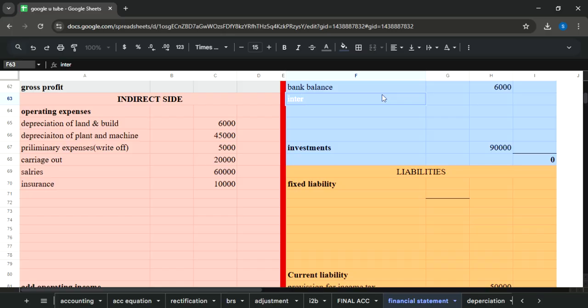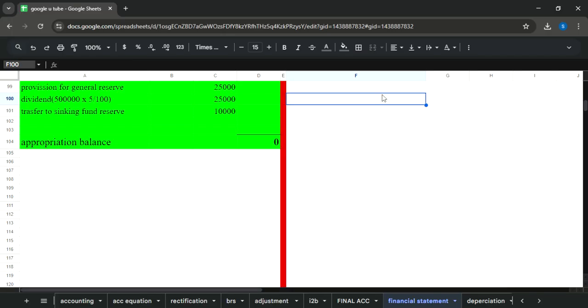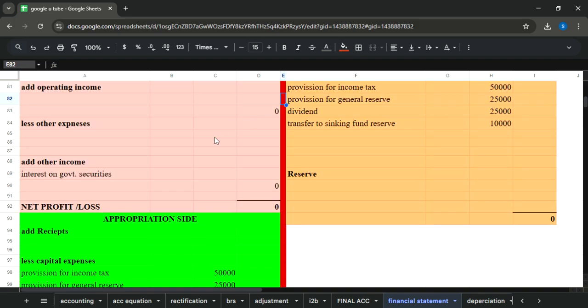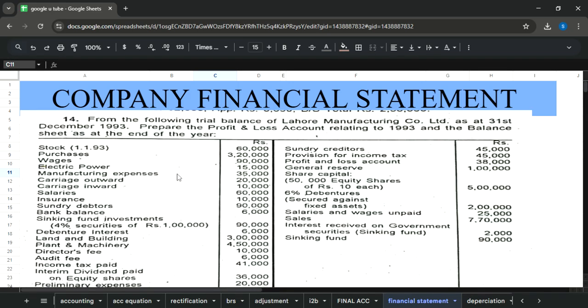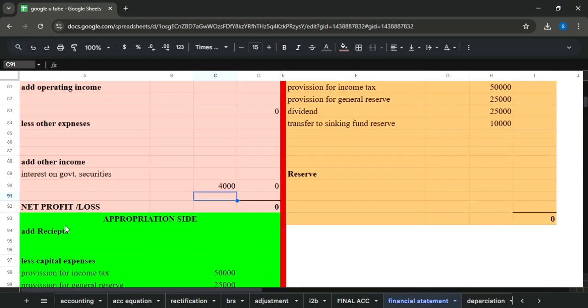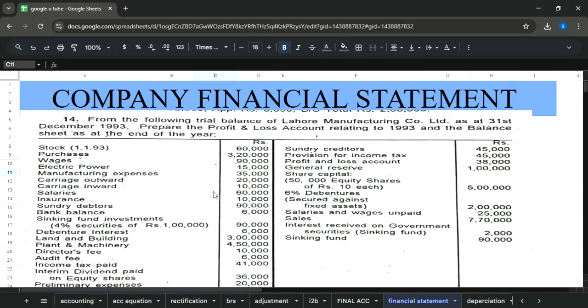We will not be able to write everything. So let's calculate over here. 1 lakh was the total amount and 4% was interest on government securities. Let's get back. Look here, sinking fund investment, 1 lakh was total investment, 4% was the rate of interest. Let's go to the other side.